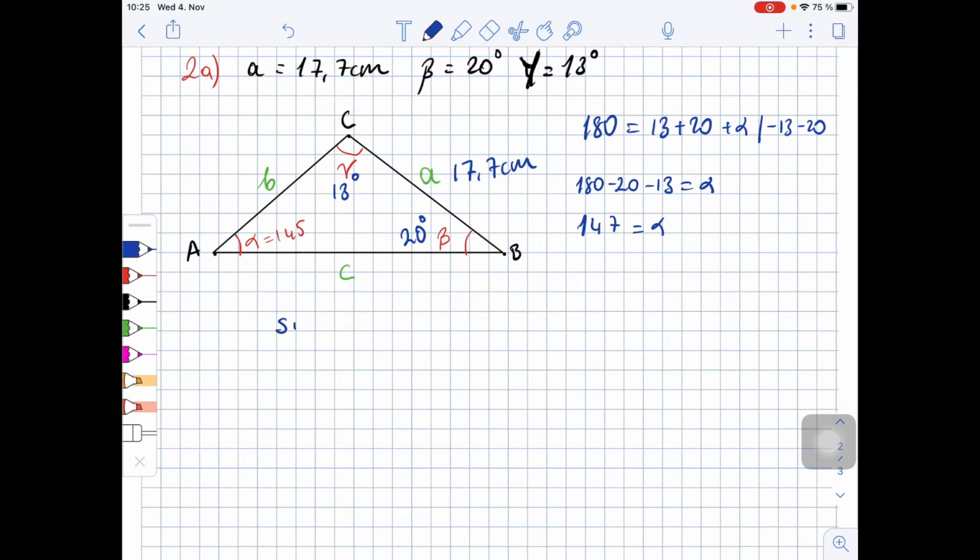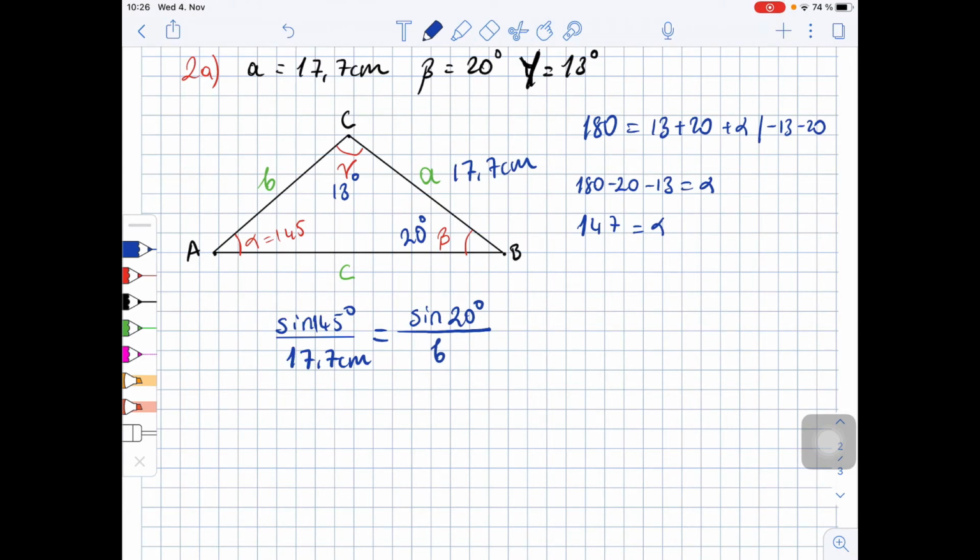So sinus 145 degrees divided by 17.7 centimeter is equal to, which one do you want to find? It doesn't matter. You can do sinus beta to B or sinus gamma to C. It's up to you, and you can find the other sides. I will do sinus 20 degrees divided by B.